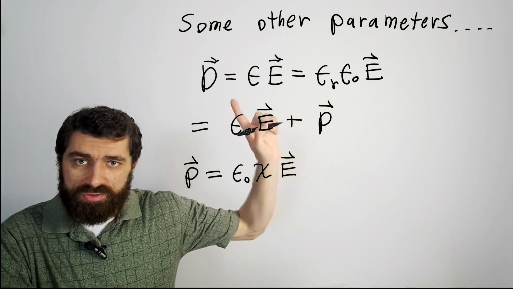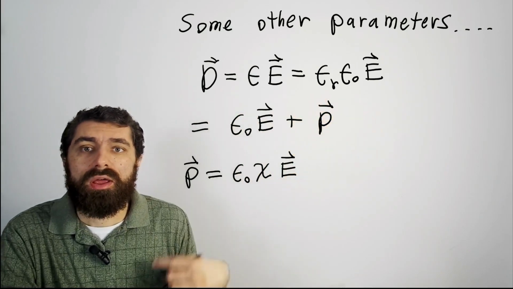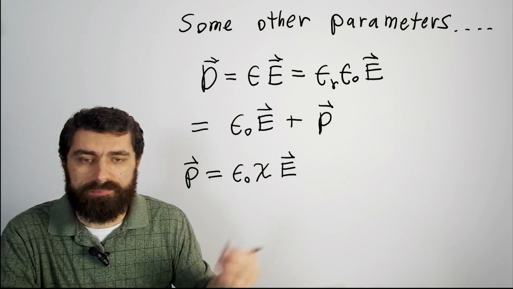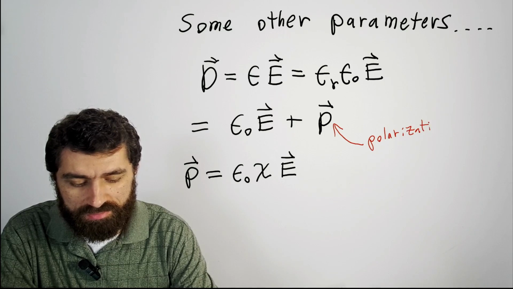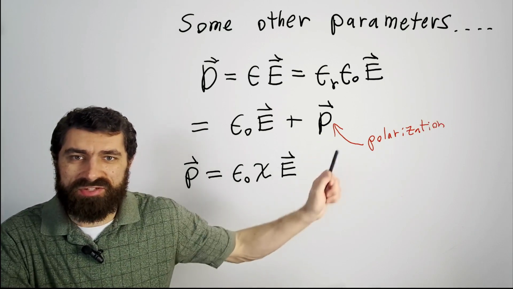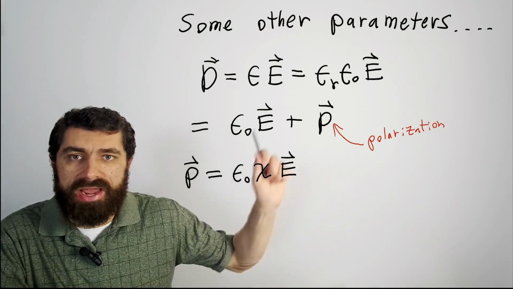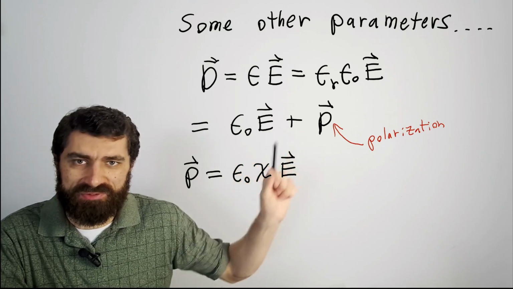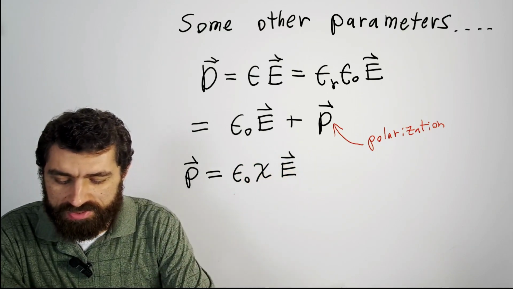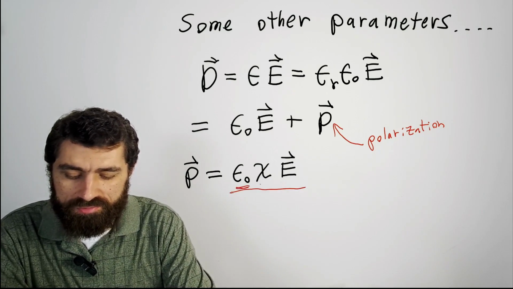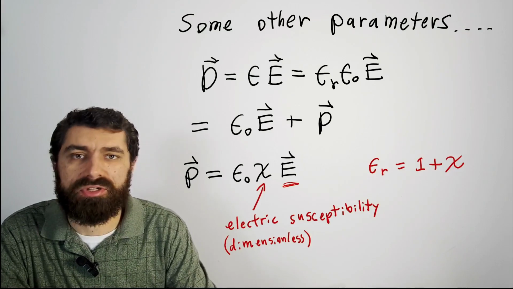In addition to describing the relationship between D and E with epsilon, and then expressing epsilon as epsilon r times epsilon 0, you also can describe this relationship with a value known as the polarization, P. Essentially, you could think of this polarization as a polarization field from the oriented atoms and molecules that adds in addition to the free space field that you get, this epsilon 0 E. And then we can also express the polarization in terms of epsilon 0 times the electric susceptibility, which is a dimensionless constant, times the electric field.